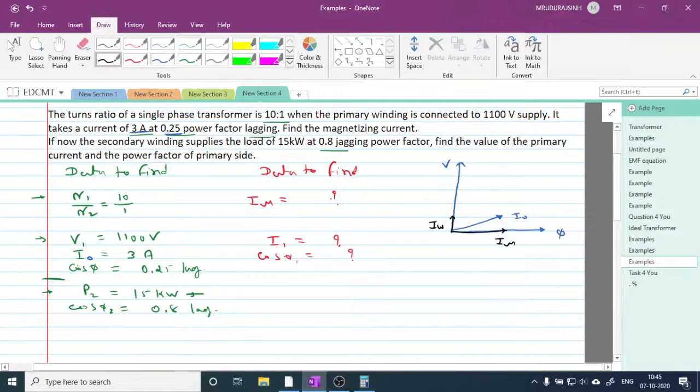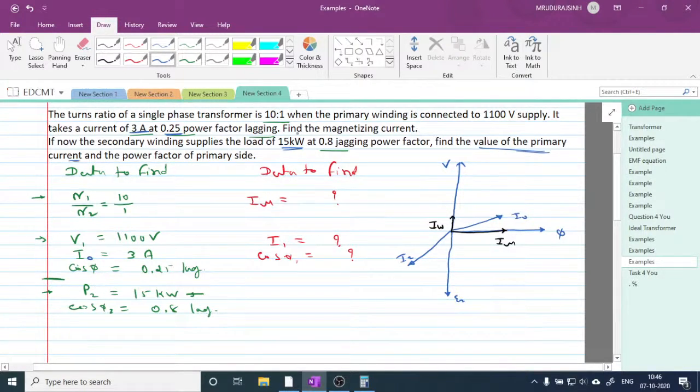Now as the load is connected in secondary, there will be secondary side induced EMF E2, and because the secondary is delivering this 15 kilowatt of load, there will be I2 current flowing from the secondary side, right? So this is I2 current which flows from the secondary side. And finally we need to find the value of primary current.